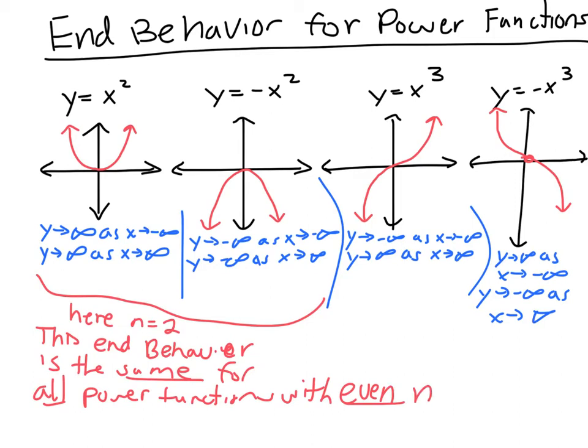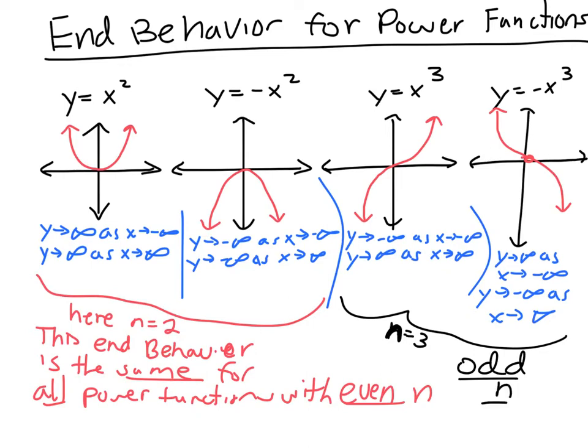Okay? And then over here n equals 3. Okay, and so this end behavior is the same for all power functions with odd n.